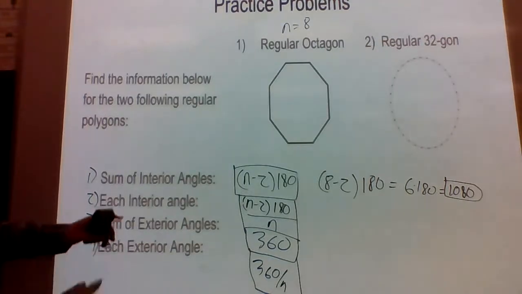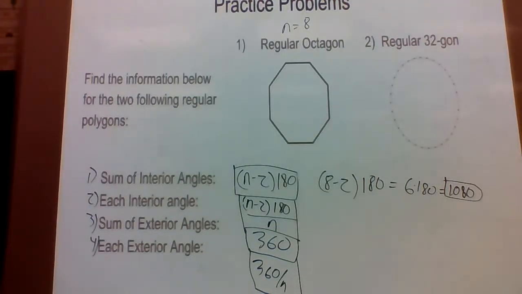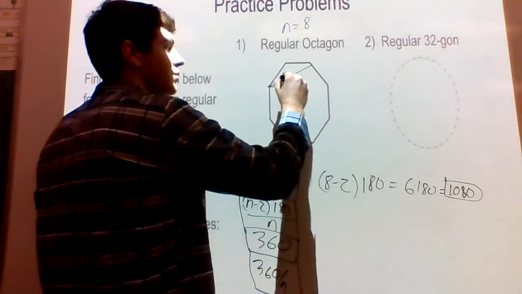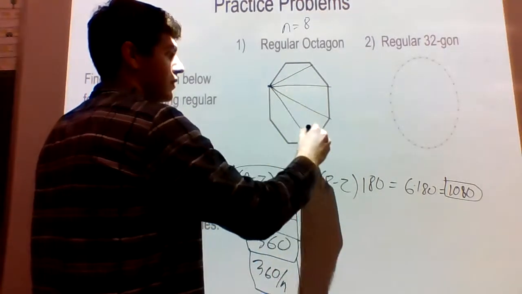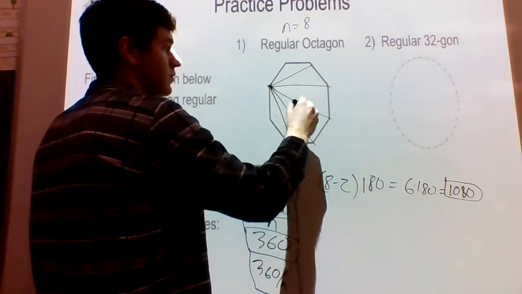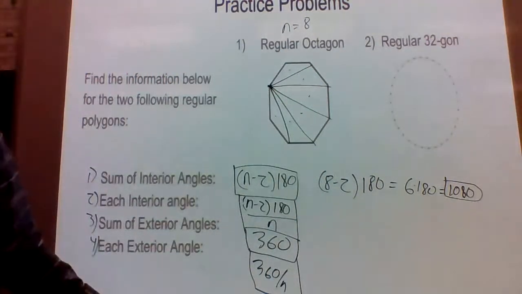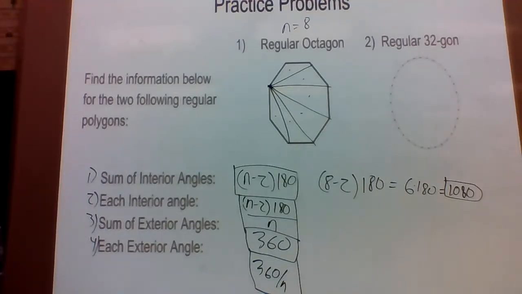So the sum of the interior angles of an octagon is 1080. Again, where this comes from is the fact that we can make 6 triangles. The sum of the interior angles of each triangle is 180. 6 times 180 being 1080.